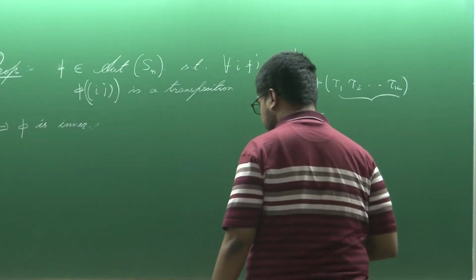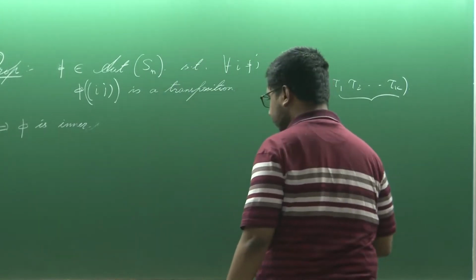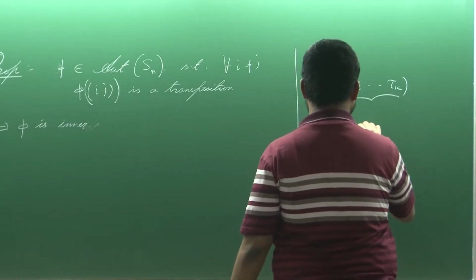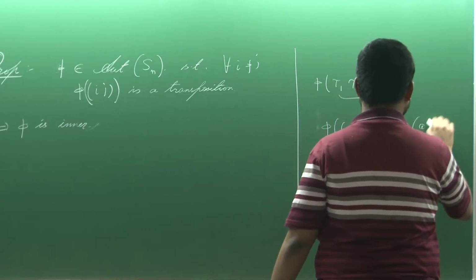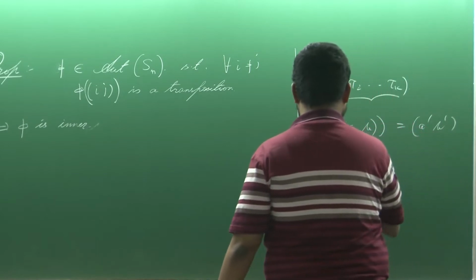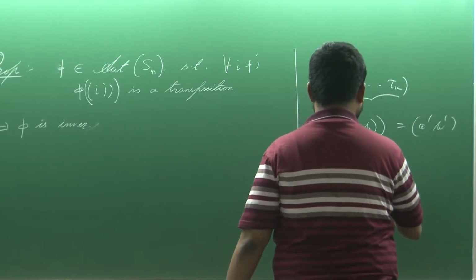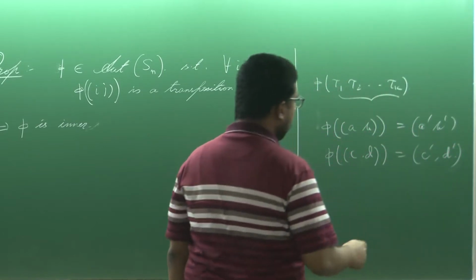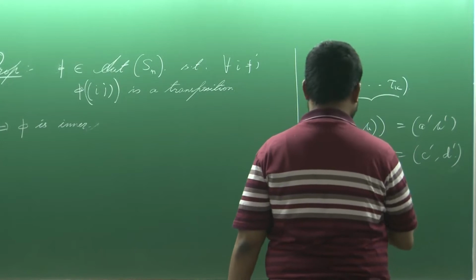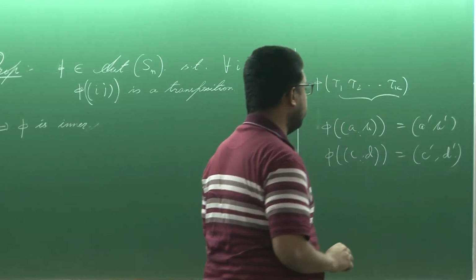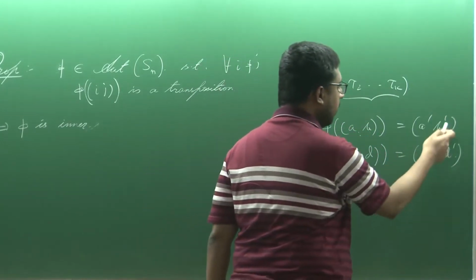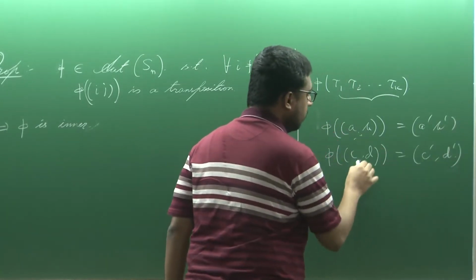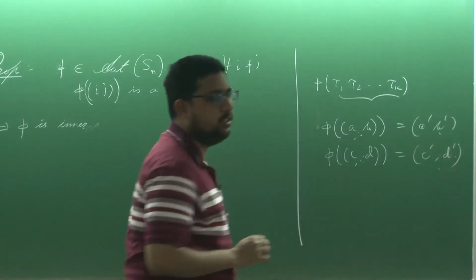Furthermore, we should also observe something. Suppose this image is (A' B'), and let us say another transposition has image (C' D'). Now, the question is, if these two transpositions are disjoint, can we say that their images also have to be disjoint?